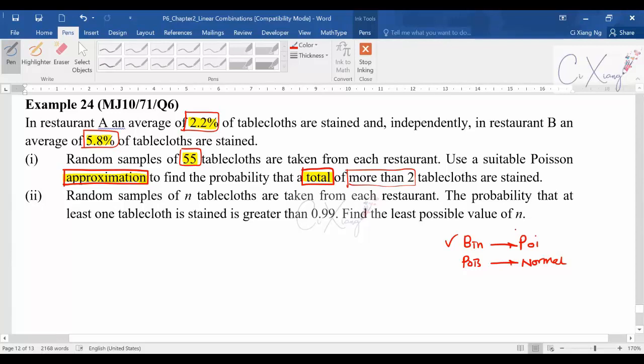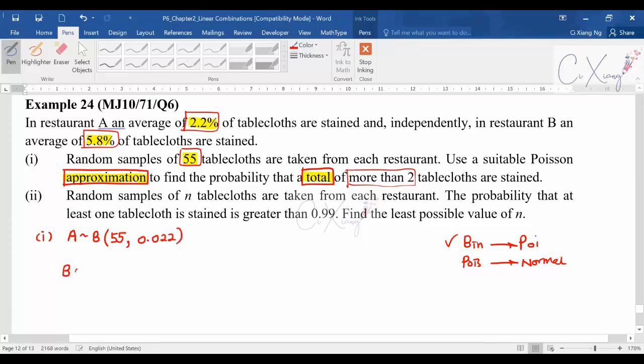All right, so how can I complete this question here? At first, you know that both of them are actually binomial distributed. Each of them has 55 tablecloths, and A is 0.022.